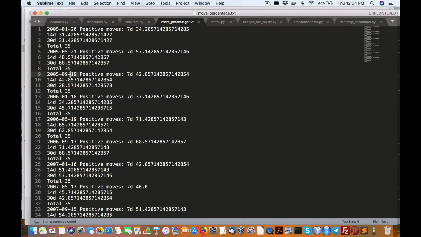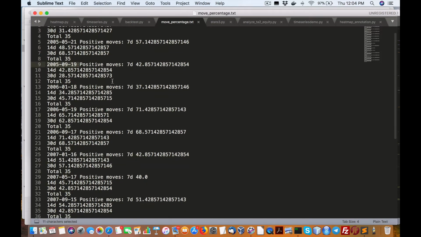So our next period of September 19th, only 42% are profitable. Is there a trend here? I don't know. But you can clearly see that it's all really unpredictable.